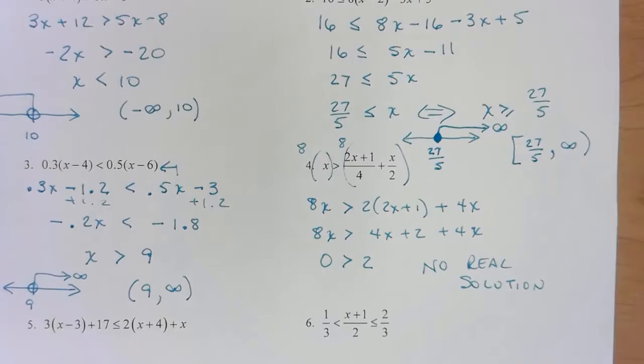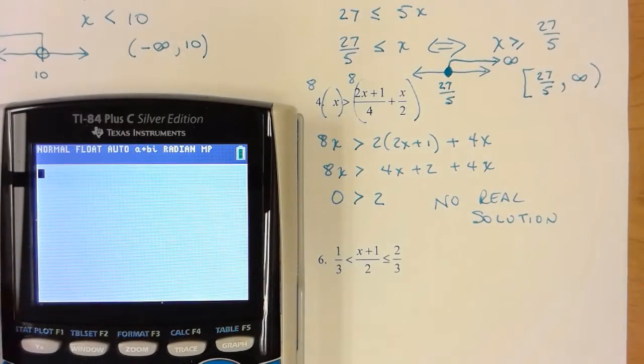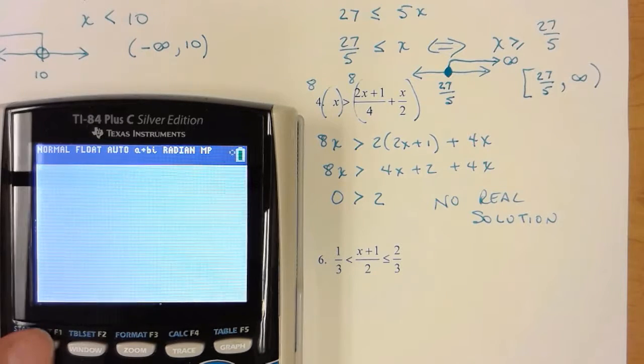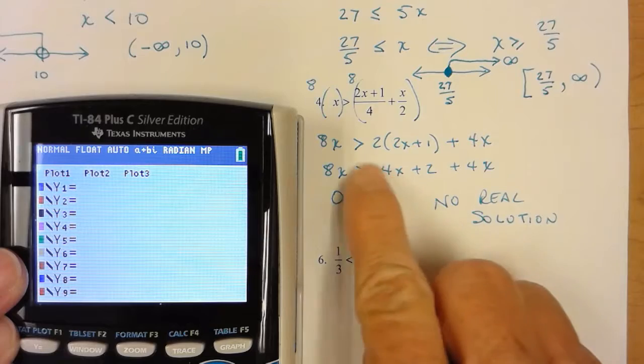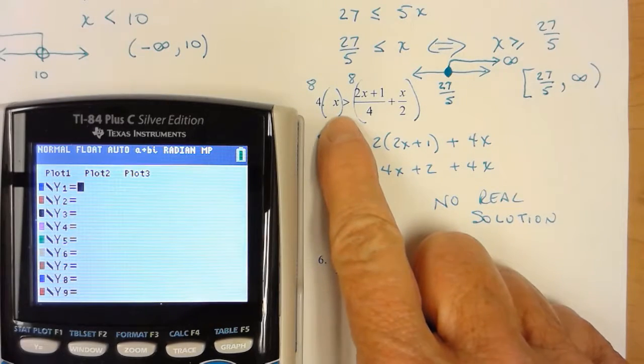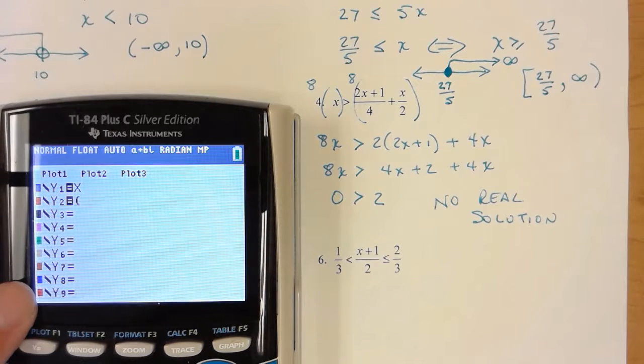Okay, I'm going to graph these because I want you to see a picture here. I'm going to put x in, and then I'm going to put that one in.